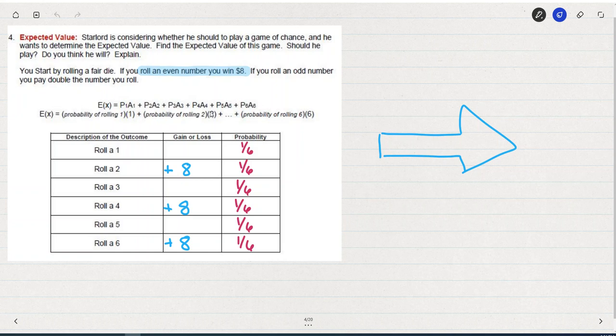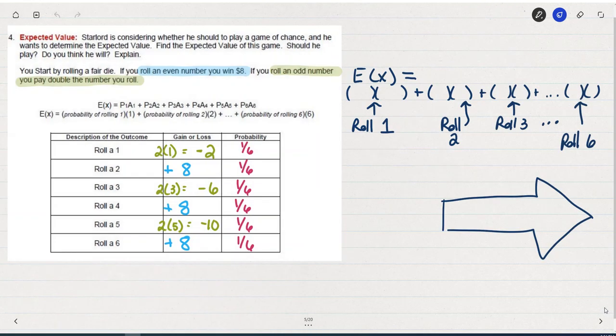When you roll an even number, like the 2, 4, and 6, you win a flat rate of $8. If you roll an odd number, like the 1, 3, 5, you're going to pay or owe twice the value of the roll. So you'll either owe $2, 2 times 1, or $6, 2 times 3, or $10, 2 times 5.